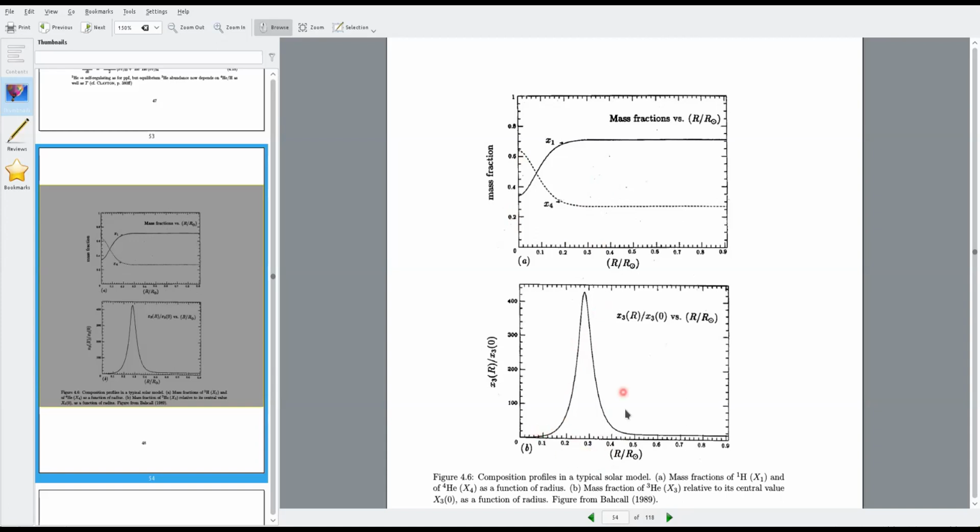Below, you see the fraction, the presence of the helium-3. You can see that it's really concentrated in one part. This is because you have some reactions that produce it and some reactions that destroy it. Essentially, in the end, helium-3 is completely destroyed in a star that has high enough temperature.